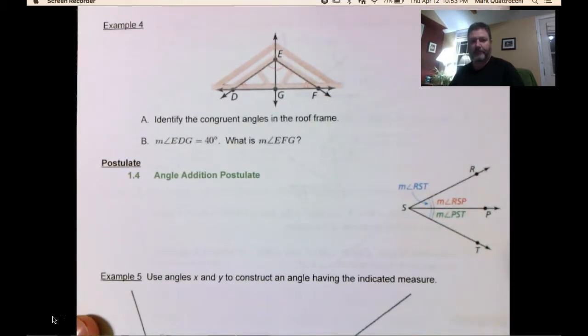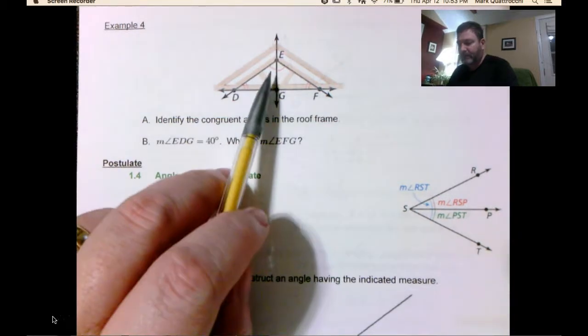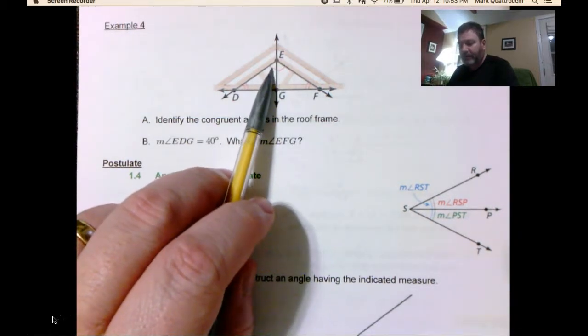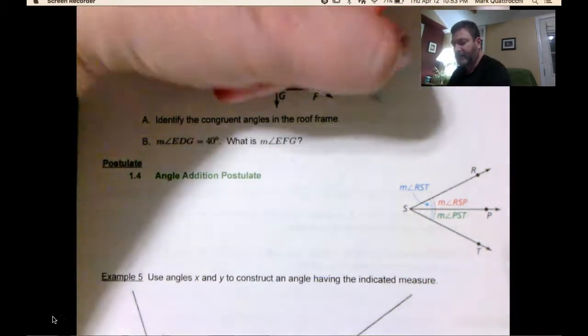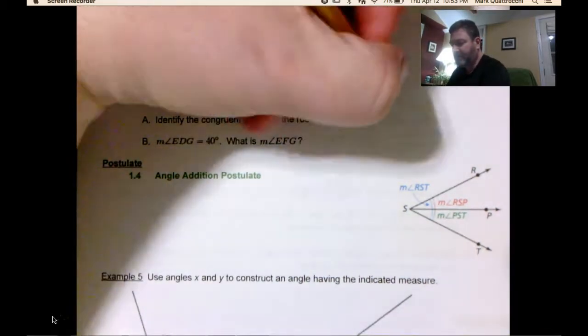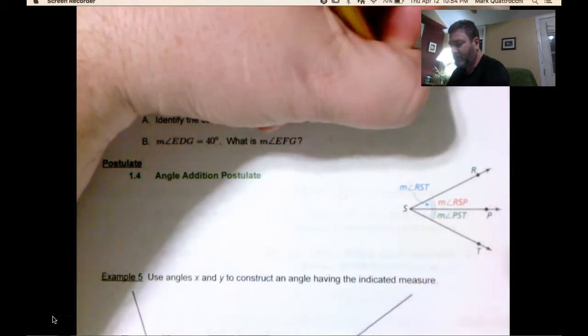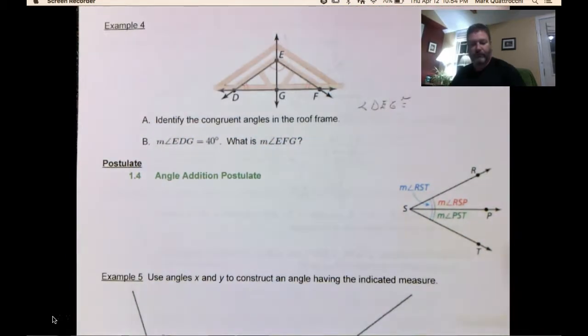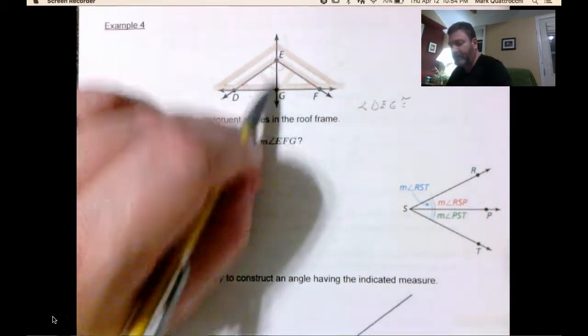Example 4, identify the congruent angles. It's hard to see in the picture, but these markings indicate that angle DEG is congruent to angle FEG.